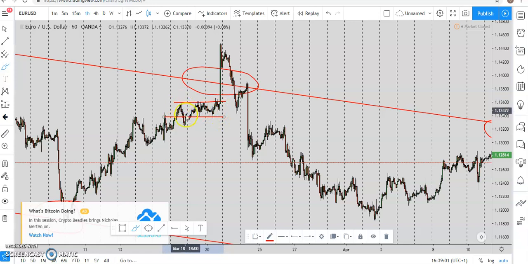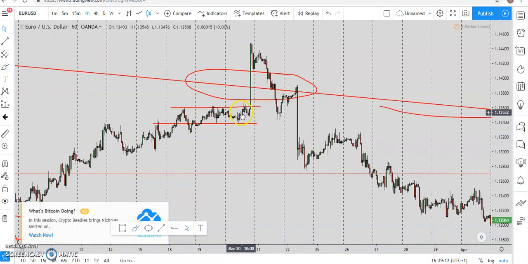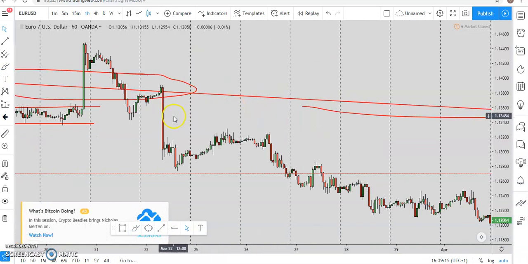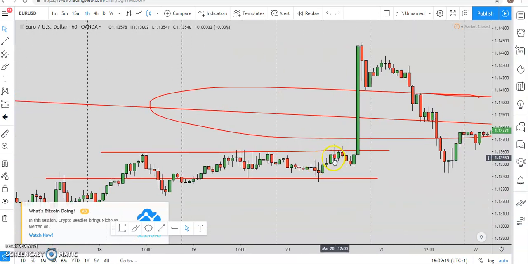Price moved up, down, up, up, up, multiple pins up, and then another pin up again, and then as you can see a doji over here, a doji here, and then a hammer here, a doji here, and then a hammer here also, and all these things are showing you a reversal signal.